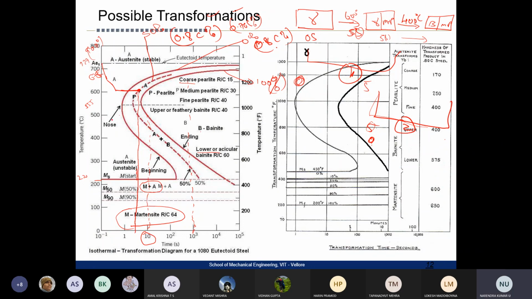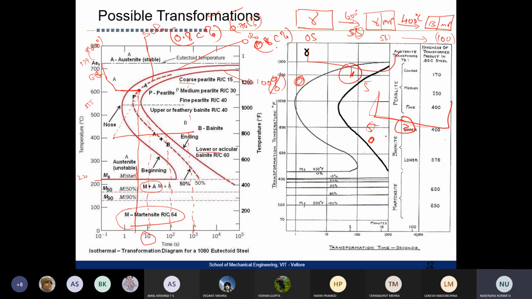So again you go back and keep it at this 0th second here, with a dotted line, and then you do the transformation. So this is 10 power 2 seconds, or 100 seconds.